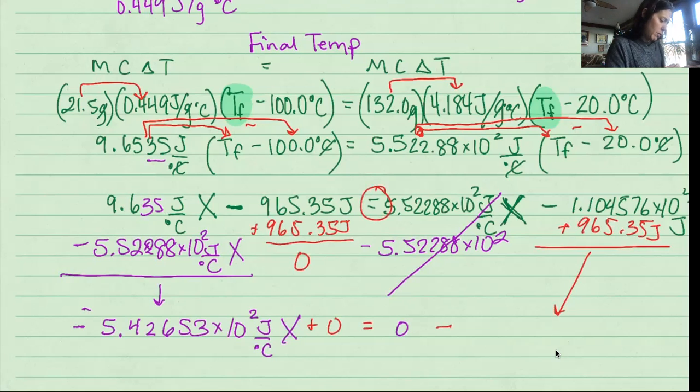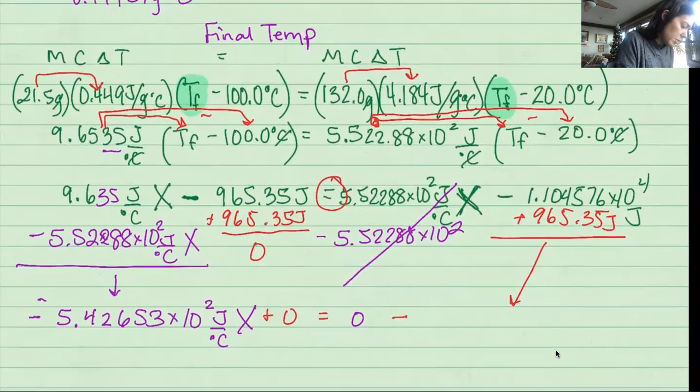minus, so I've got 1.10456 times 10 to the fourth plus 965.35 equals, I've got 1.2011 times 10 to the 4th, and those are joules.